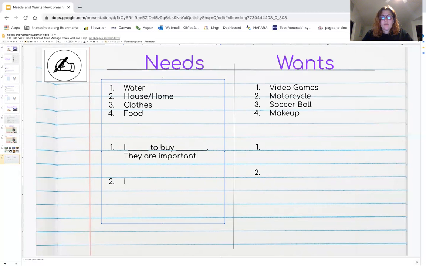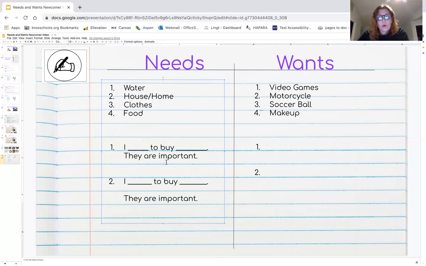Number 2, we need to leave a space. To buy, space. They are important. Okay, so make sure you write with me. So we need to fill in our sentence here. I blank to buy blank.